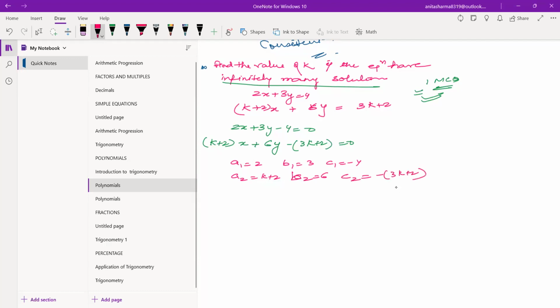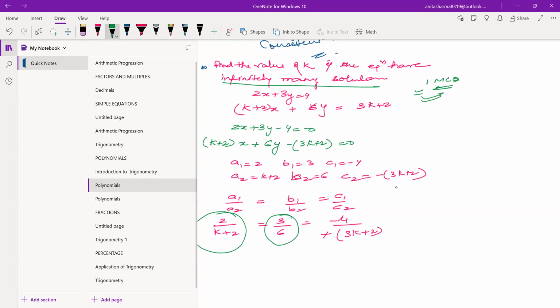Now for infinitely many solutions, what is the condition? a1 by a2, b1 by b2 and c1 by c2 all will be equal. So 2 upon k plus 2, 3 by 6 is equal to minus 4 upon minus 3k plus 2. Now here 3 by 6 is 1 by 2. It means this ratio should also be equal to 1 by 2.